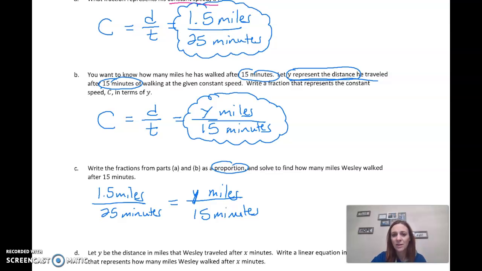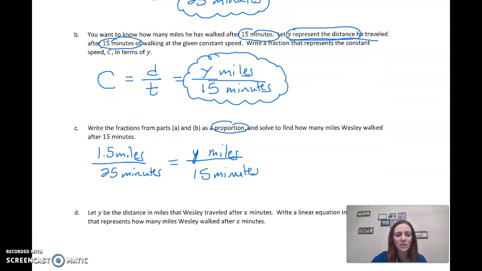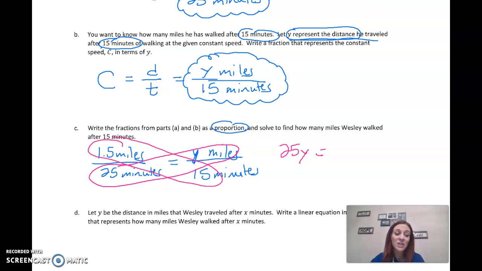Hey, cross products. If we want to solve for how many miles you walked, we're just going to use cross products. 25 times y equals 1.5 times 15. And if you type that into calculator, I'm going to tell you get 22.5. Divide both sides by 25, not 22.